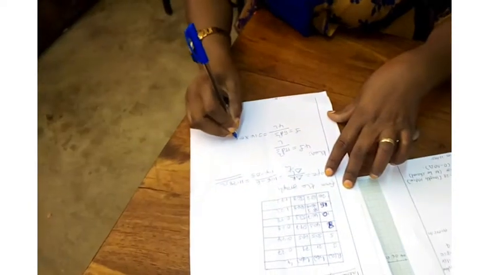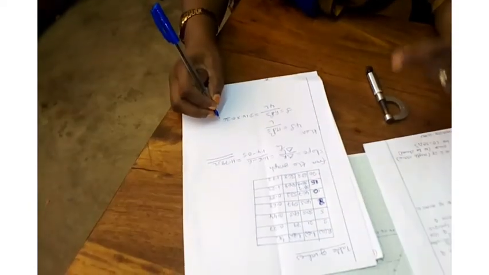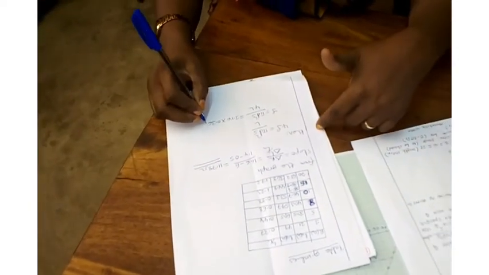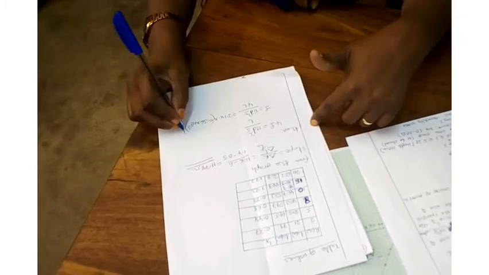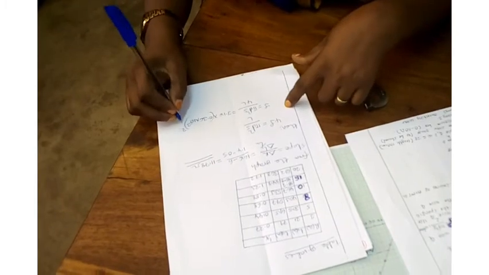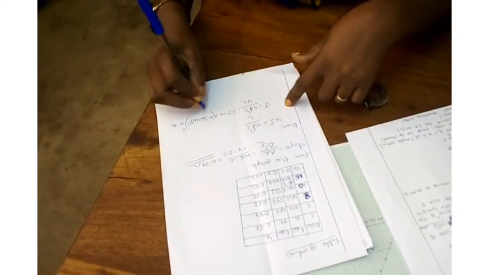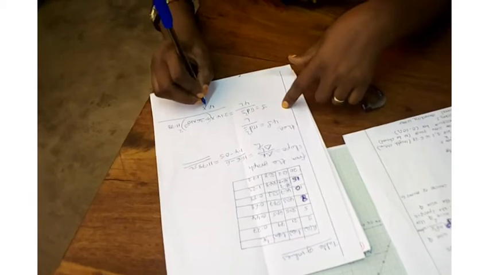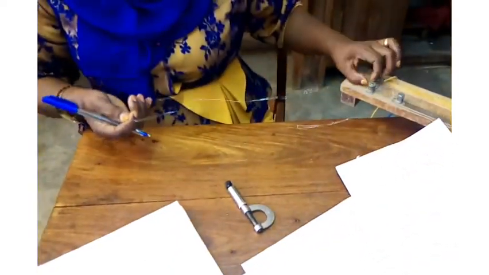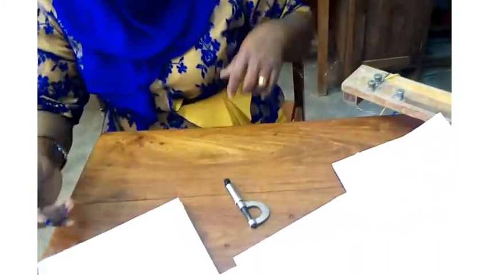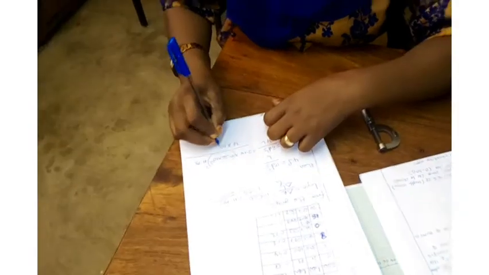So 0.36, this is the diameter of the wire. 0.36 millimeter times 10 power negative 3 in terms of meters, tumeambiwa iwe squared, times slope which is 11.78 dividing by 4 times length of a wire by using the ruler. The length of a wire here I was measured, it was 100 centimeter. So it is 100 times 10 power negative 2 in terms of meters.